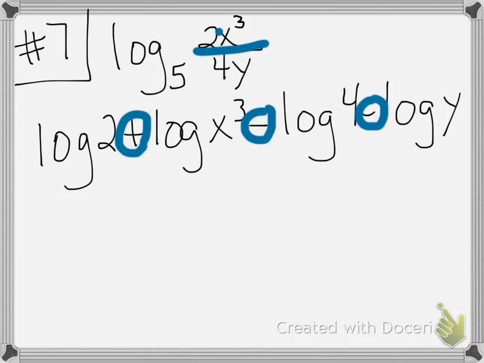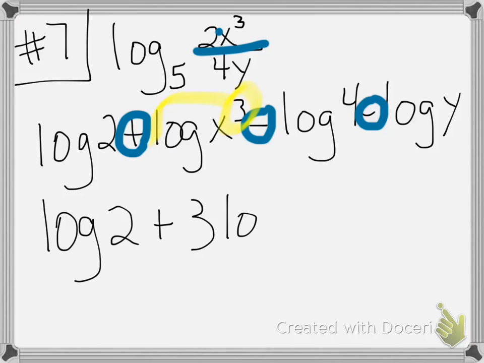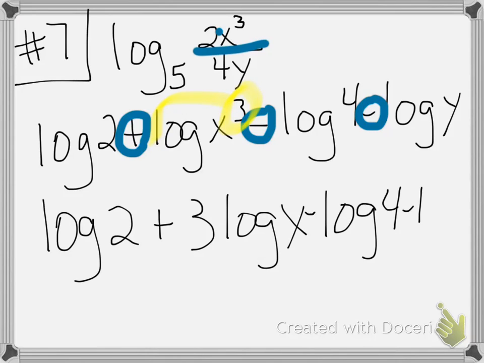Now, the next thing you have to look for is, are there any exponents? Is there an exponent that has to be moved? And there is. There's a 3 right there. So when I work that out, I'm going to have log 2 plus 3 log x minus log 4 minus log y.